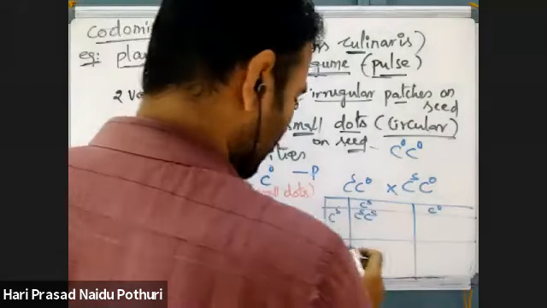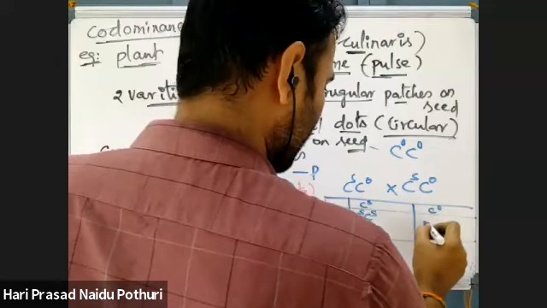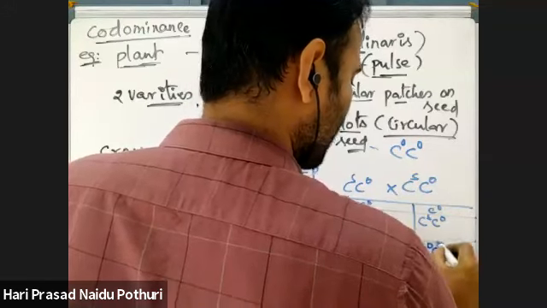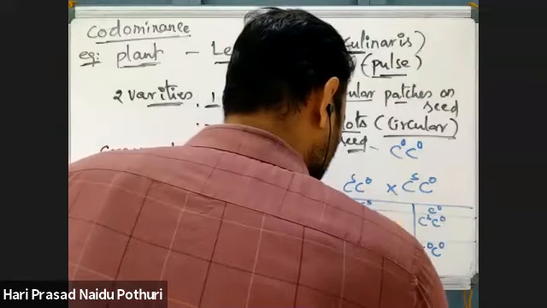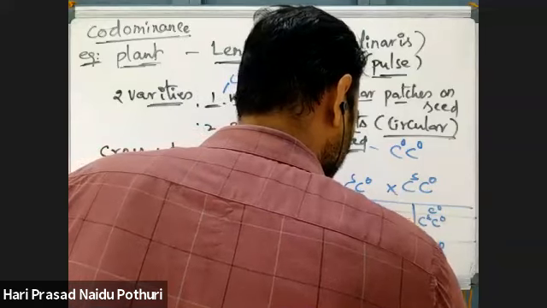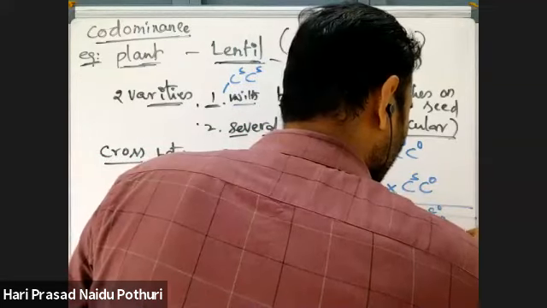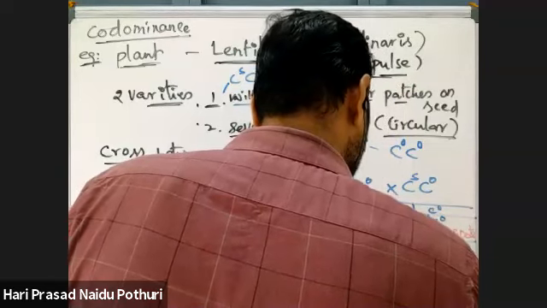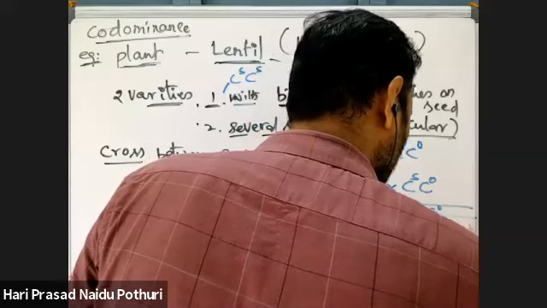This one, CS C0. This one, CS C0. Here, C0 will form. Now the produced offspring again show patches. This one, patches and dots, both. This one, patches and dots. This one, only dots.